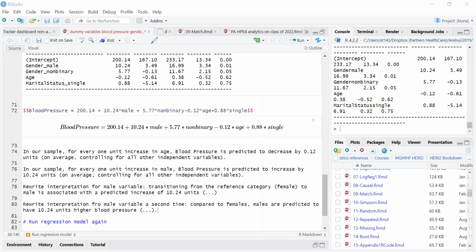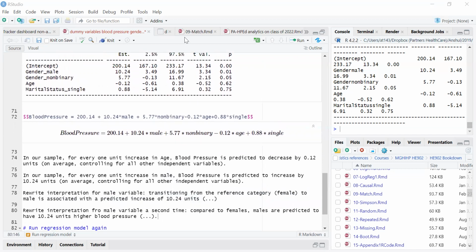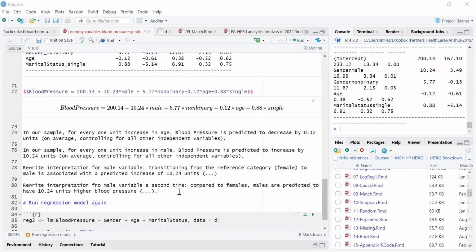So that's the other key way to remember it, that it's just a difference. The coefficient estimate of a dummy variable tells you about a difference between, in this case, the male and the omitted one, which is female. So males have 10.24 higher blood pressure than females on average in this data.